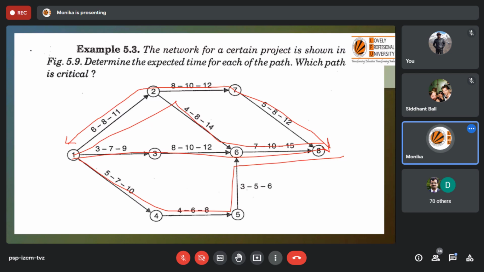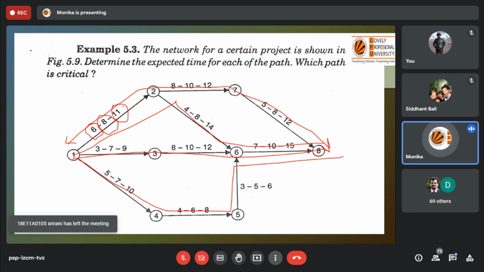First, you can use the formula you already know, (to + 4tl + tp) / 6, and calculate TE, the mean expected time, for each activity, first for activity 1 to 2. One more thing: 6, 8, 11 is written here for 1 to 2. So 6 is the optimistic time, 8 is the most likely time, and 11 is the pessimistic time. This is how we denote it: first is optimistic, the middle one is most likely, and the next is pessimistic.